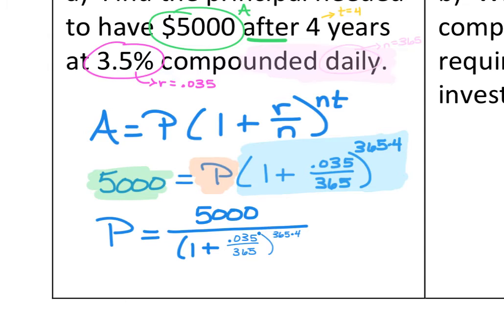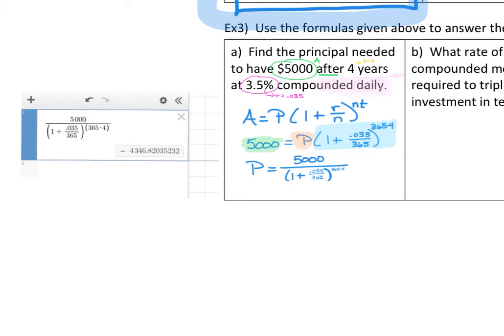And that's what you're going to type into your calculator: a big ugly fraction with a fraction in parentheses and exponents in it. I actually have a screenshot of that. Start by hitting the divide sign. That creates your fraction. Type your 5,000 in the numerator. Go to the denominator, parentheses, 1 plus, and then make another fraction by hitting the divide sign.